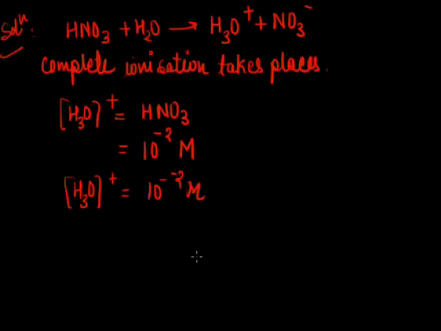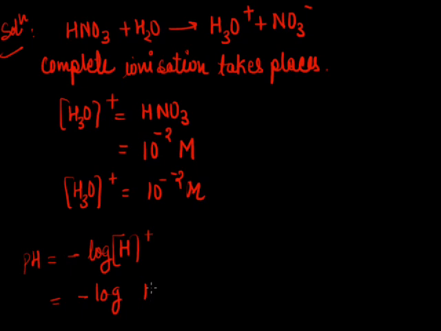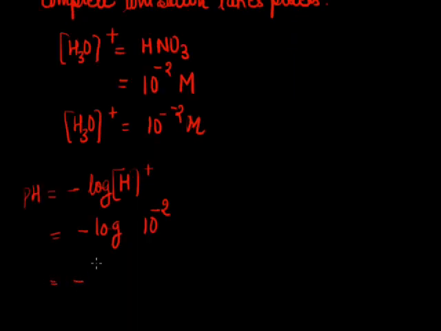For the calculation of pH, we know the formula pH is minus log H plus, because the pH is the negative logarithm of the H plus ion concentration. Now put the value of H plus, we get minus log 10 to the power minus 2. When we solve this, we know the formula log m to the power n is equal to n log m.